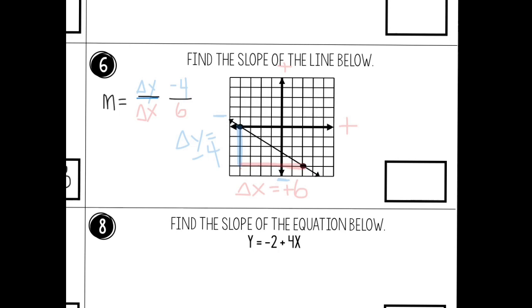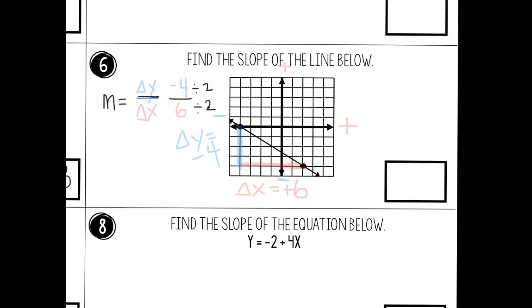I have to reduce. I know that these are both even numbers, so I can divide -4 by 2, and I can divide 6 by 2. And if I jump, I'm actually going to jump to the other side of my graph to finish this.